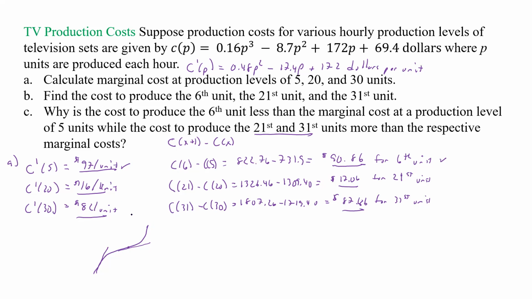So our tangent lines overestimate on concave down and underestimate on concave up. That's why this one's less and these are more. I'm not going to write all that down, but that's the reasoning why. All right, so let's pause there and we'll come back for more.